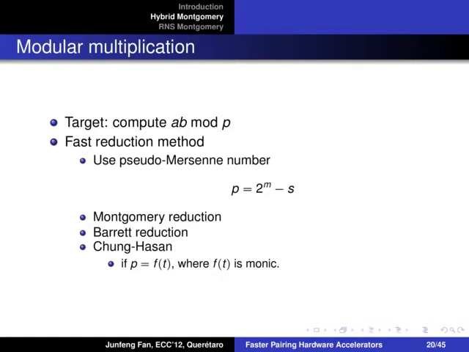We can use Montgomery reduction, we can use Barrett reduction. There's also a very nice algorithm called Chung-Hasan. Basically, if the modulus P is defined using a low-weight polynomial, and if it's monic, the reduction modulo P can be done in a quite efficient way. So the algorithm that we propose can be considered as a parallel algorithm to this Chung-Hasan algorithm.